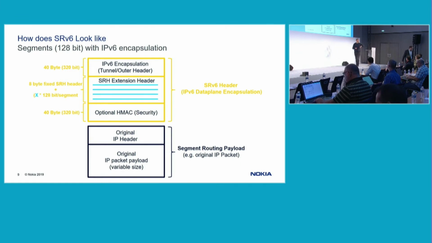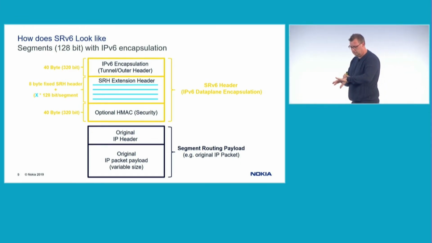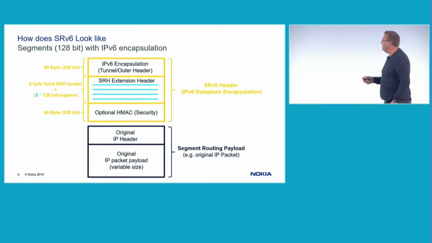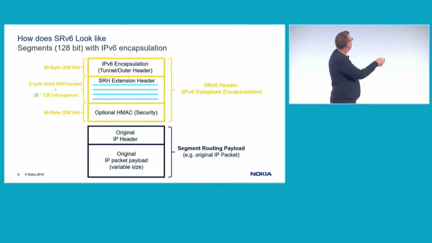So if you look into the encoding here, this is what we have. We have the original packet here again. On top of that, we add our IPv6 segment routing header. And here we have first our 40 bytes traditional IPv6 tunnel header. Underneath it, we have our segment routing extension header, source routing, which is 8-byte fixed header most of the time. 4 bytes of them are mandatory.